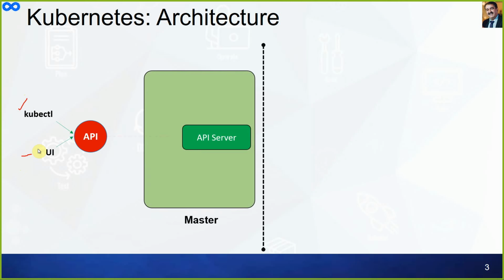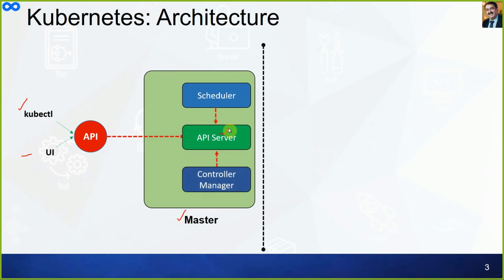So the API request is sent to the API server on the master. All requests go to the master where we have the API server running. The API server also has the scheduler and controller manager, which help the API server.